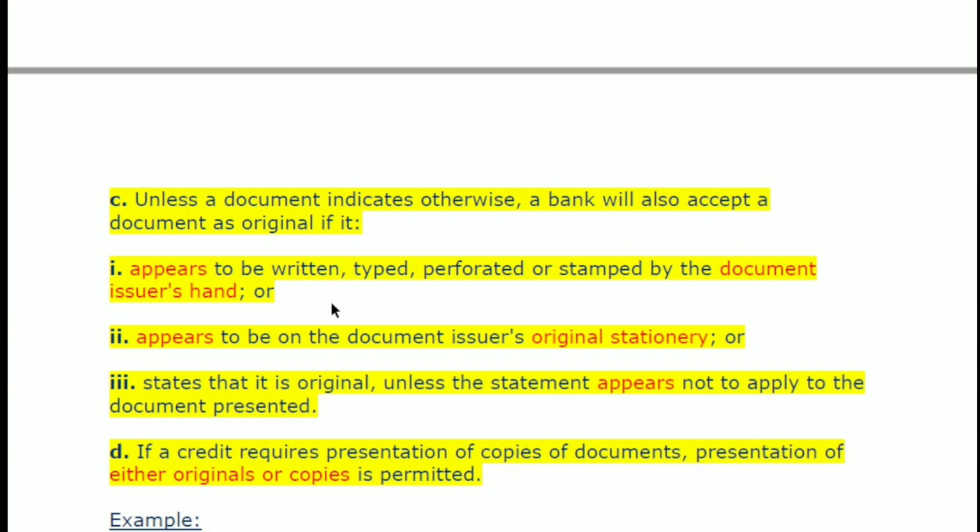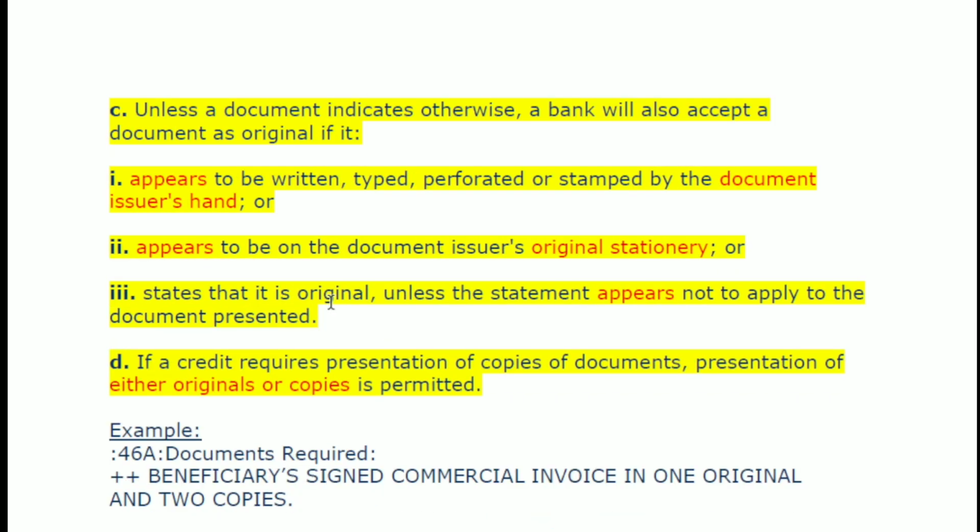It means a document should be treated as original if the document issuer has written the document by his own hand, or if it is proven that the issuer has typed, perforated, or stamped the document.